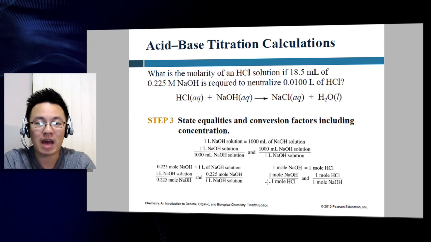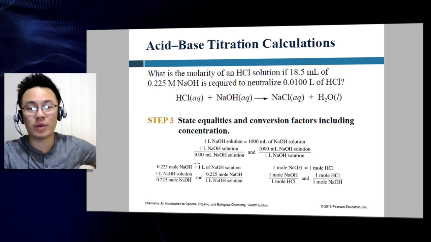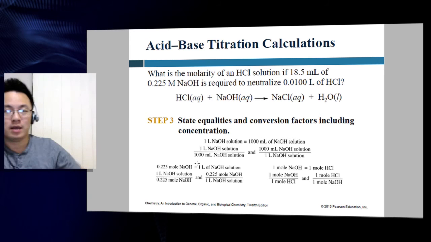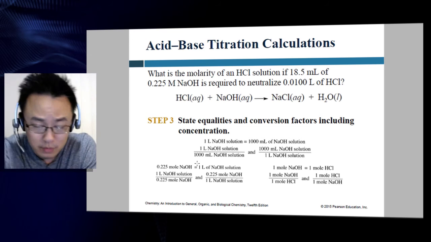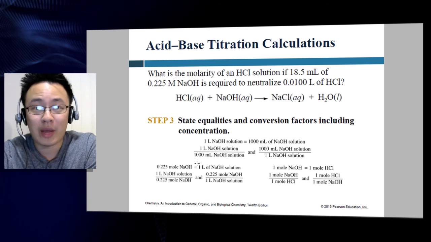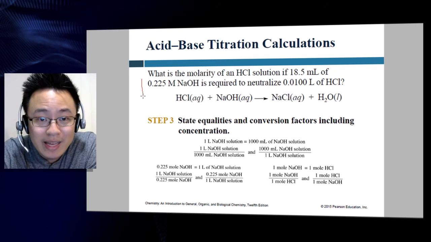So here we go. We have some equalities. We definitely want to know that 1 liter is equal to 1,000 milliliters. We have here our conversion factor. And we definitely know that 0.225 moles is equal to 1 liter of sodium hydroxide solution. And how do we figure that out? Because it's right here.